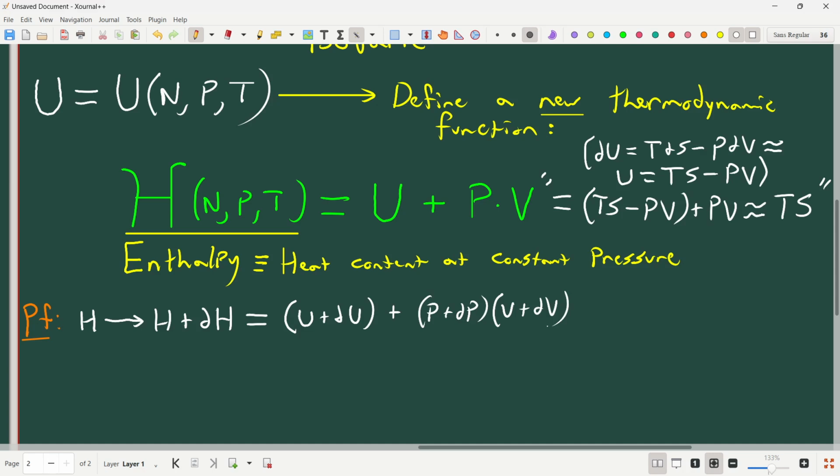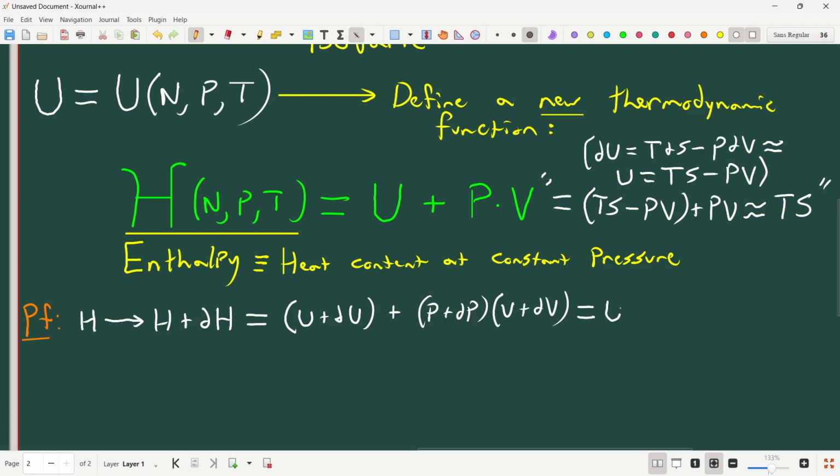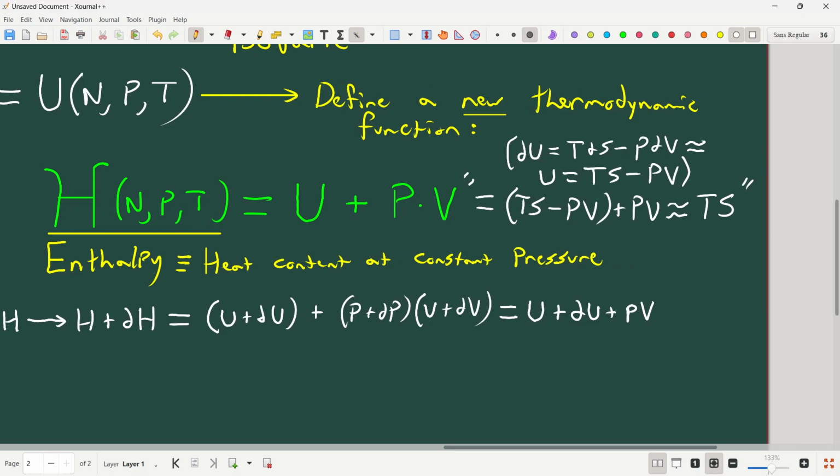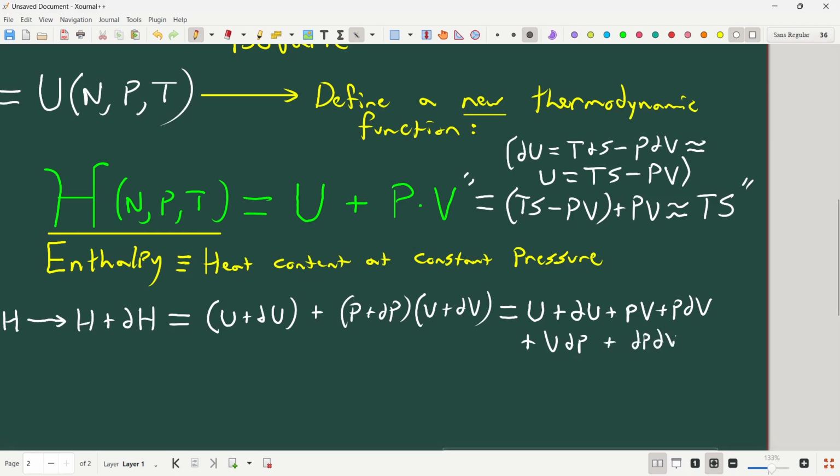And so let's do a little bit of algebra 2 and FOIL this out. You get U plus dU plus PV plus PdV plus VdP plus the change in pressure times the change in volume. I just did a little bit of FOIL.